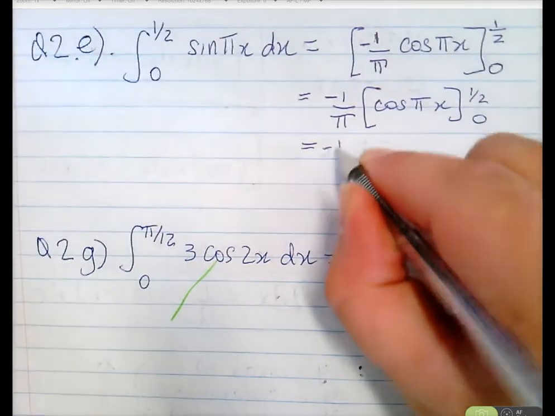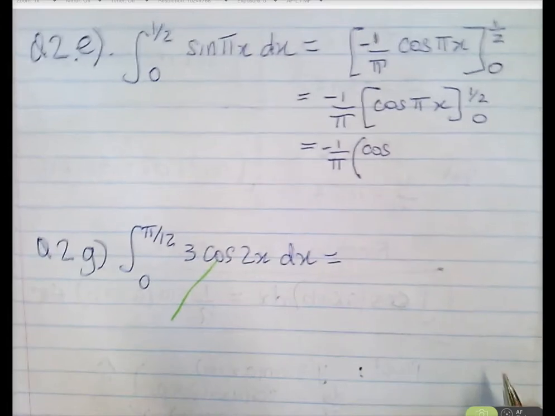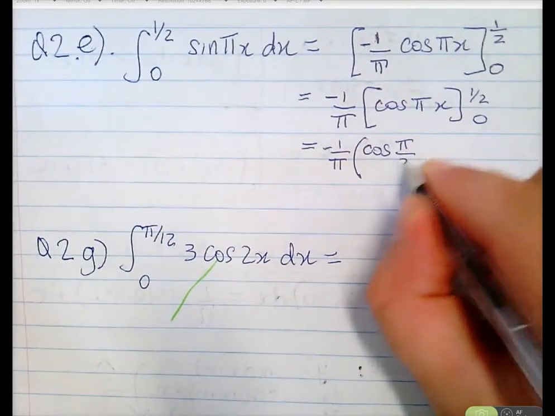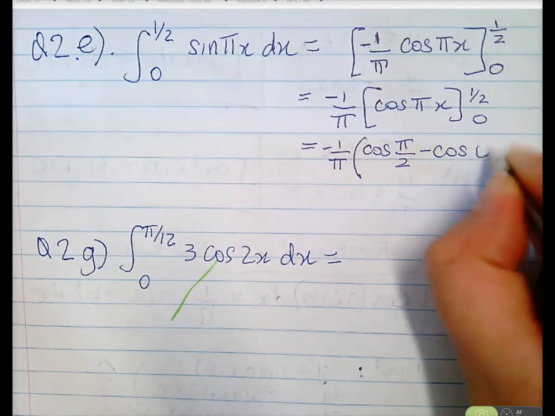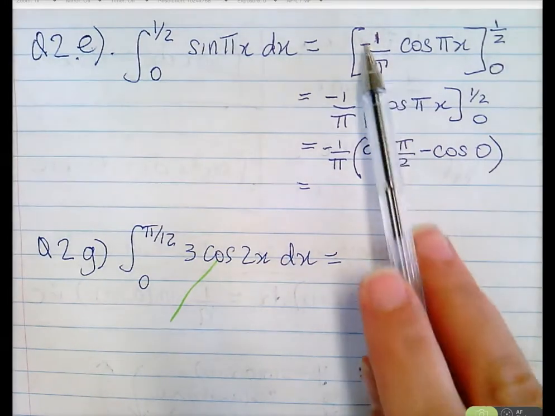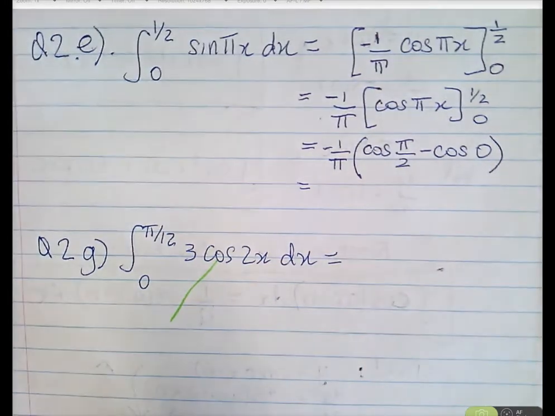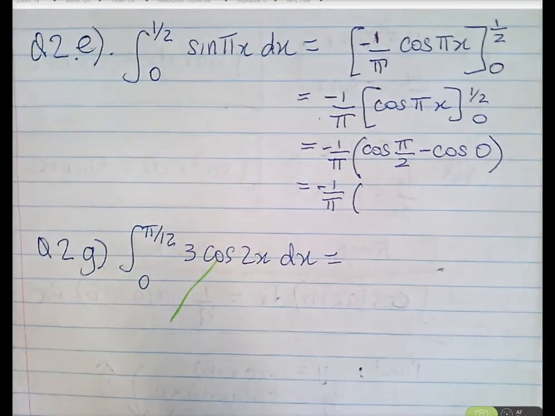So we get negative 1 on pi times cos of what? Substituting in a half. Cos pi on 2 minus cos of 0. No, not minus 0. I've pulled out the negative 1 on pi to the front. So it's negative 1 on pi. What's cos of 90?